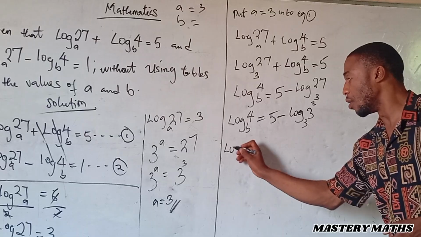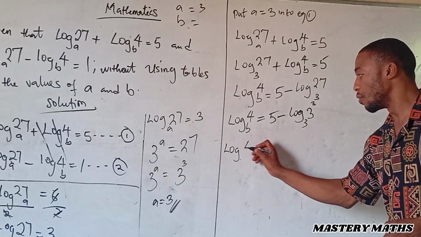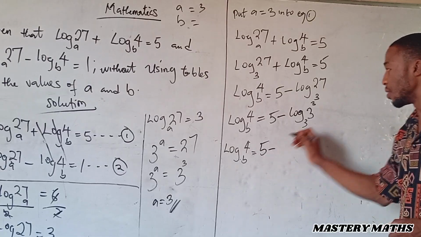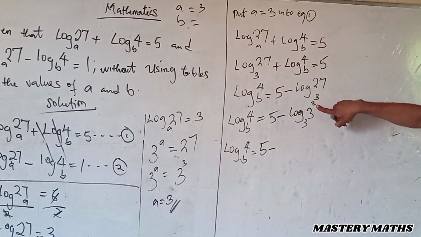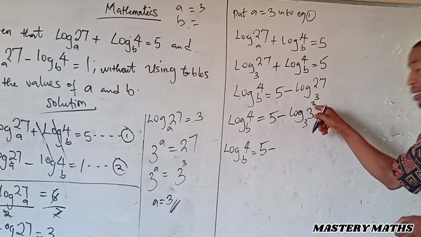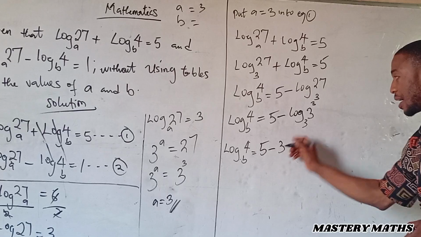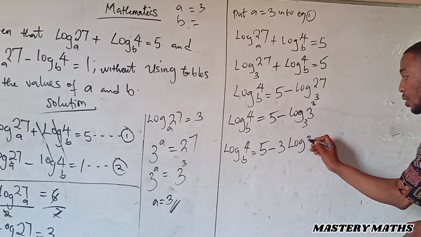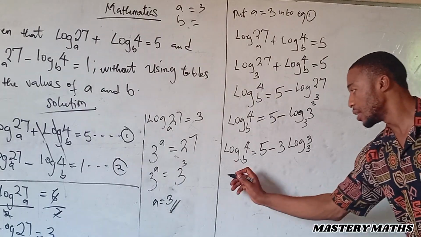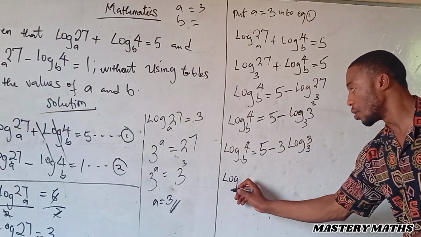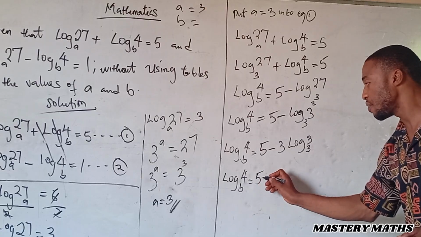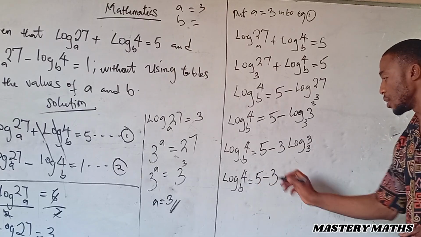Now what should we do? We write log 4 base B is equal to 5 minus this 3 as a power on top. This 3 as a power will come down to multiply the log, log 3 base 3. We bring down log 4 in base B is equal to 5 minus 3.